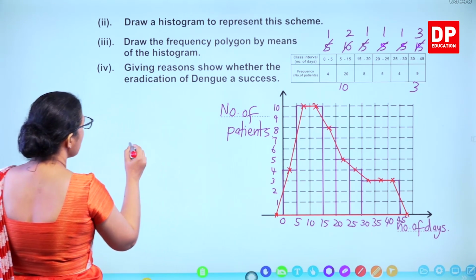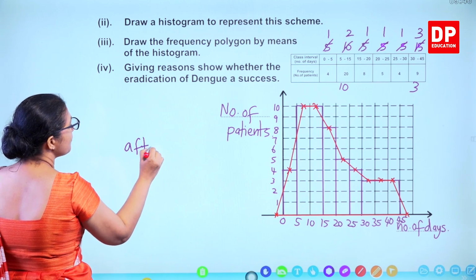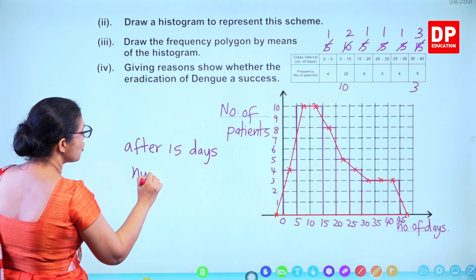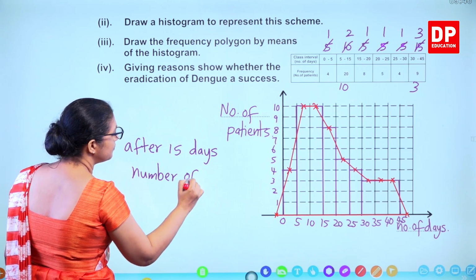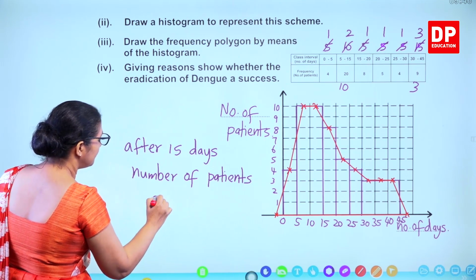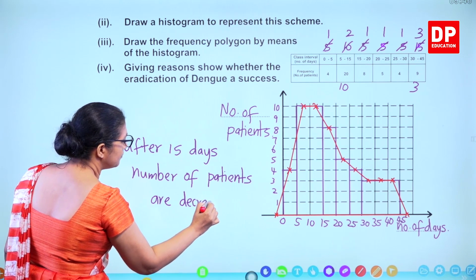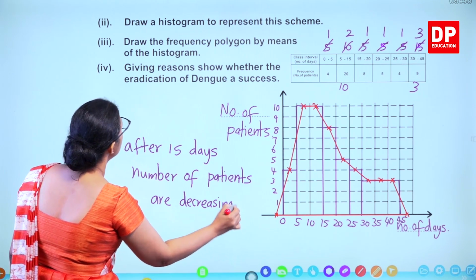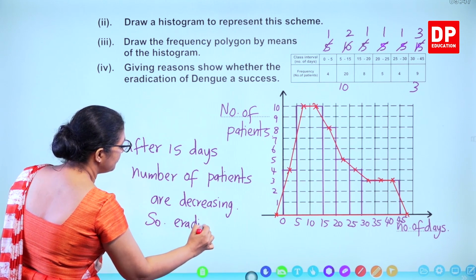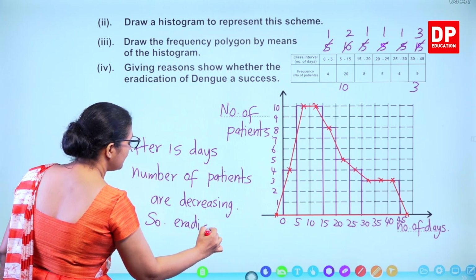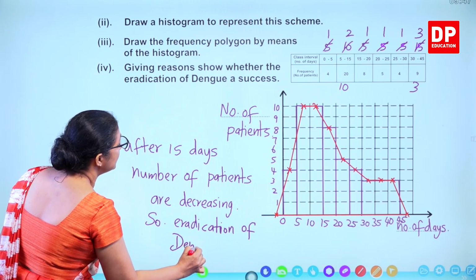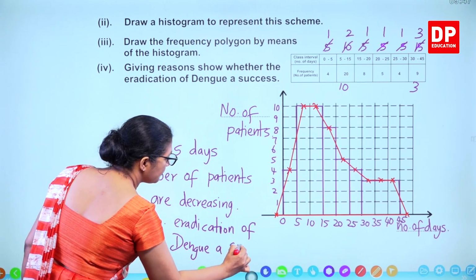So you can say after 15 days, the number of patients is decreasing, so the eradication of dengue was a success.